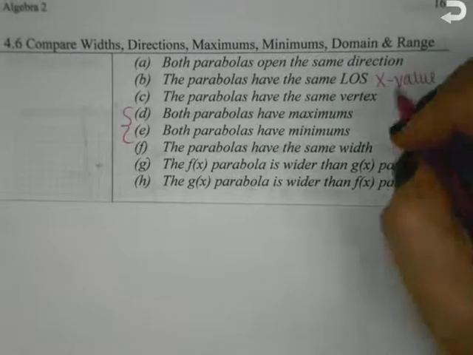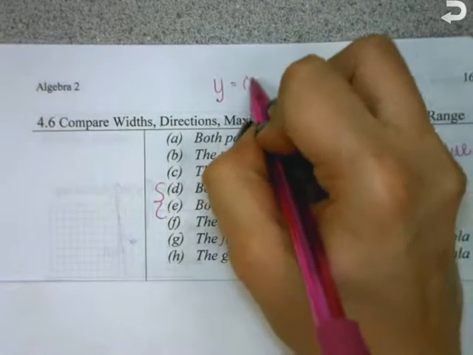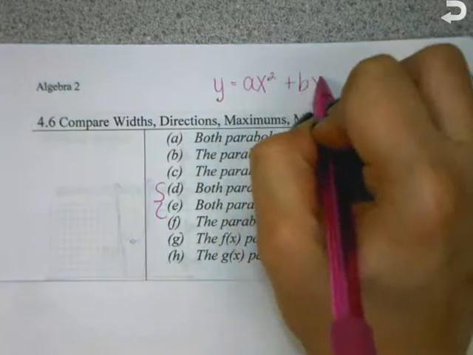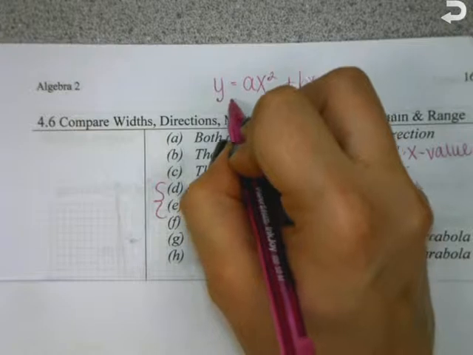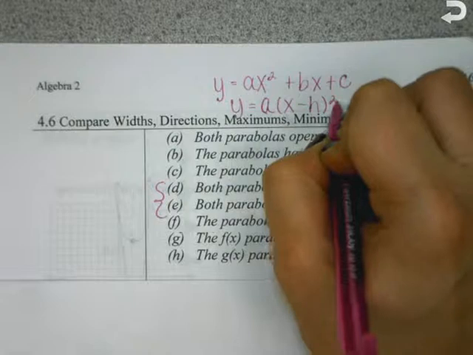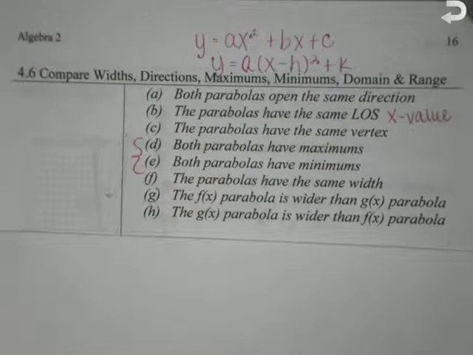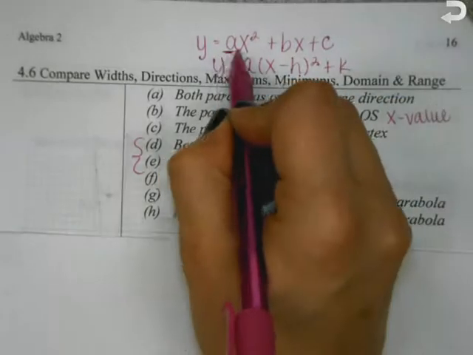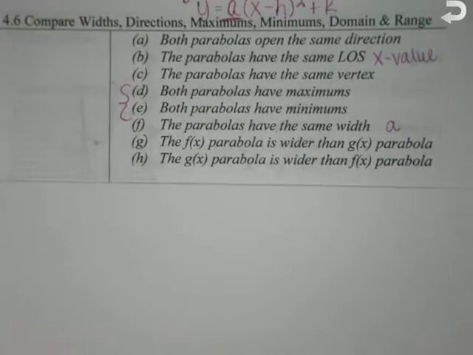Remember in our equation, if we have ax squared plus bx plus c, or the other one is y equals a times x minus h squared plus k, which one determines how wide or narrow the parabola is? It's A. So you're looking at A here.